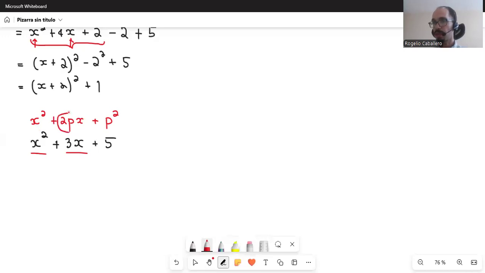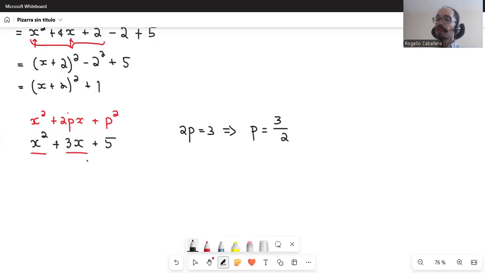So obviously, from comparing this 2p with this 3, we can see that 2p has to equal 3, right? 2p equals 3, from where we get that p equals 3 halves. Very good.